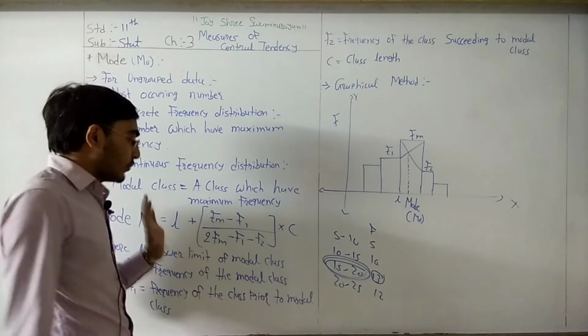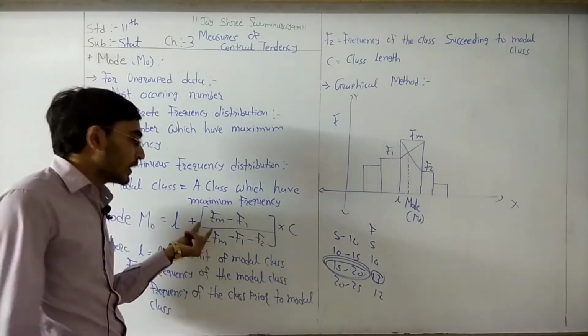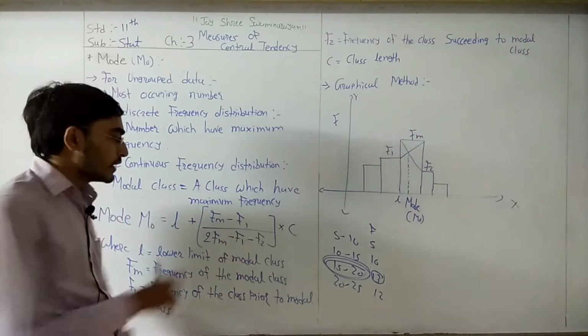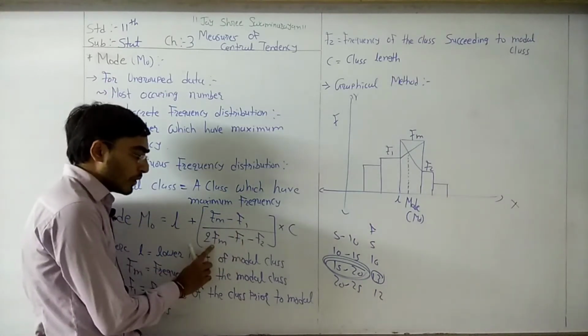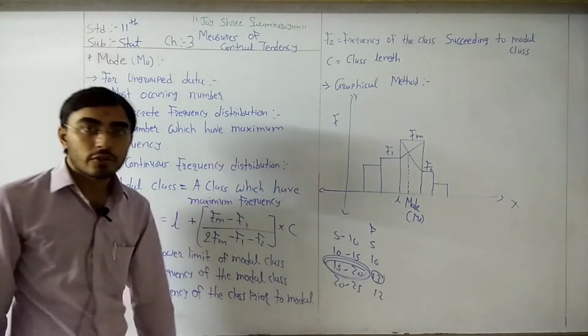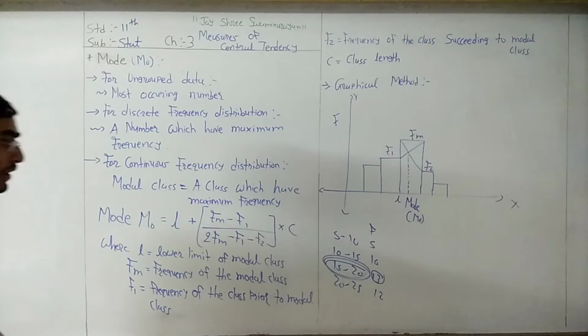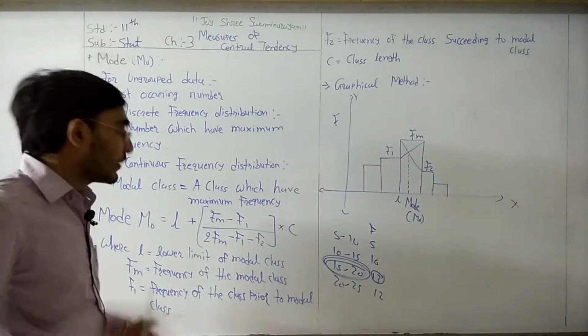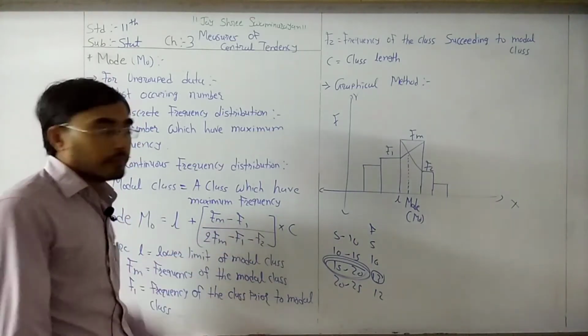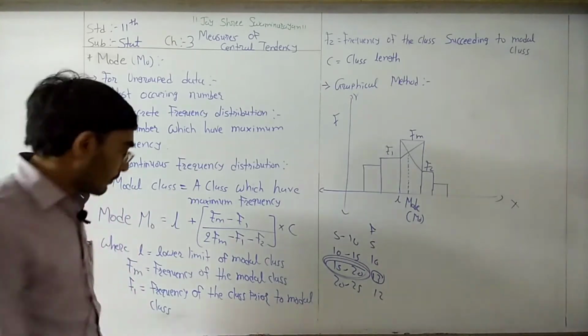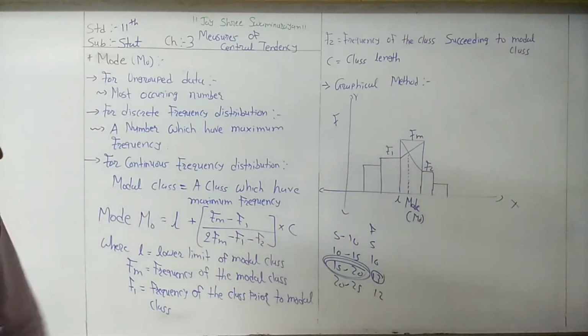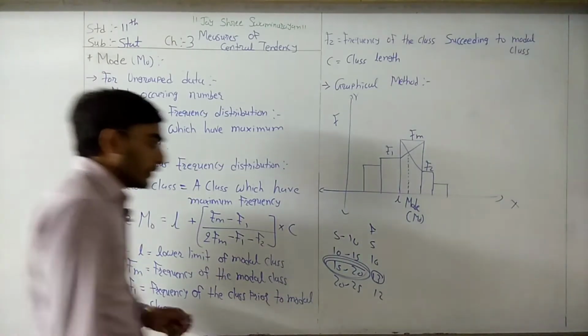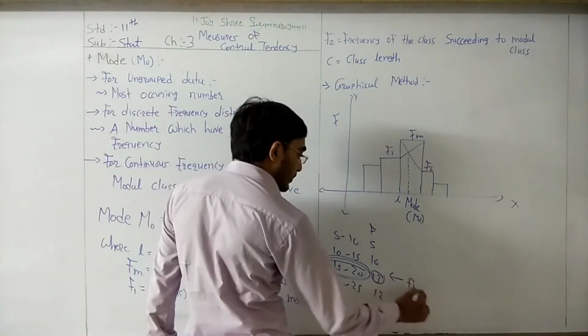In the earlier version of the same formula, we had F1 minus F0 over 2F1 minus F0 minus F2, but here we have Fm. M represents maximum frequency. So this is the highest frequency, this is our Fm.